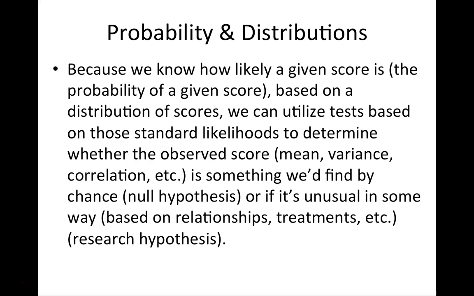That's typically our null hypothesis, that there's no difference, or that this score is not different from the population, or if that score is unusual in some way, so based on some relationship, treatments, some other variable, and this is typically our research hypothesis. And we'll talk more about hypothesis testing in Module 3, and so this will make a bit more sense then.